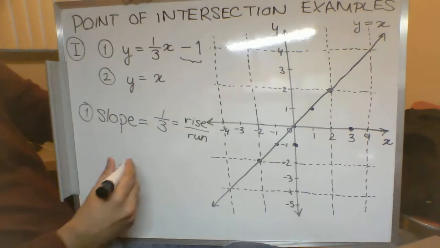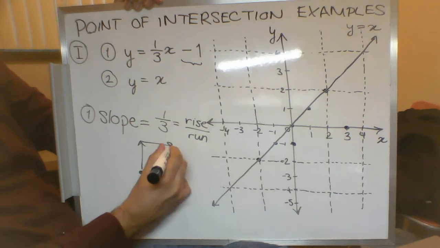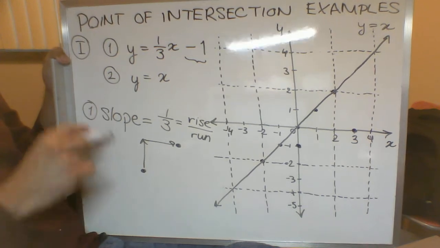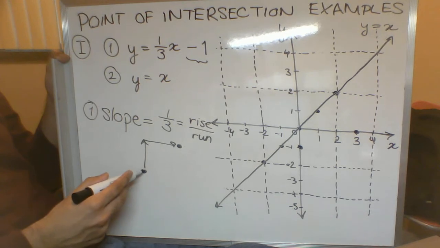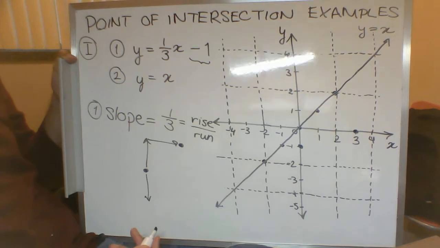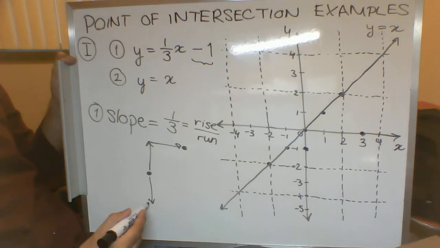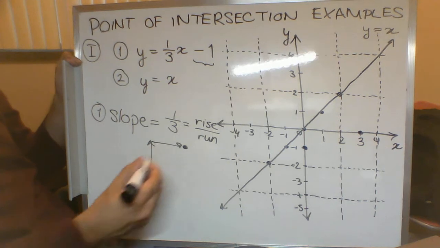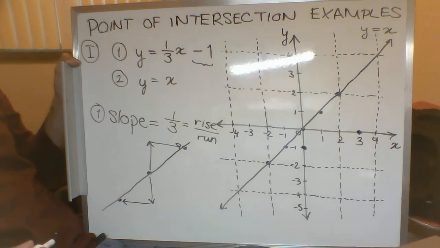So if I've got a point here, and I've got some rise, and I go up, and some run, and I go over to another point right there, if I do the same maneuvers, still a rise and a run, but in the opposite direction, so instead of my rise going up, my rise goes down, basically a negative rise, and my run, instead of going to the right, goes to the left, a negative run, then I get a point over here, and these three still line up quite nicely.